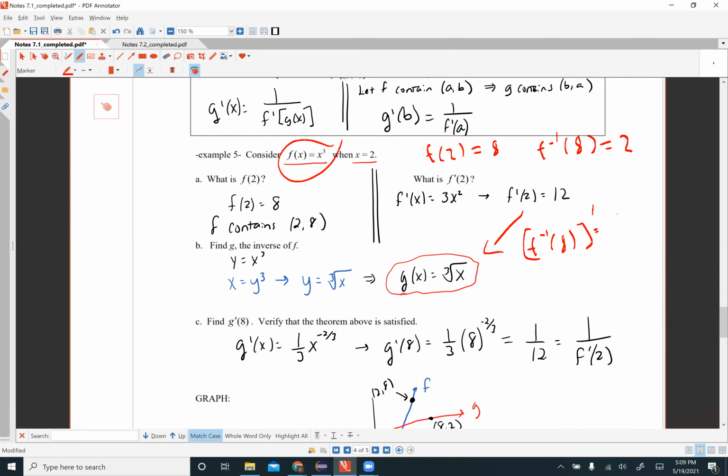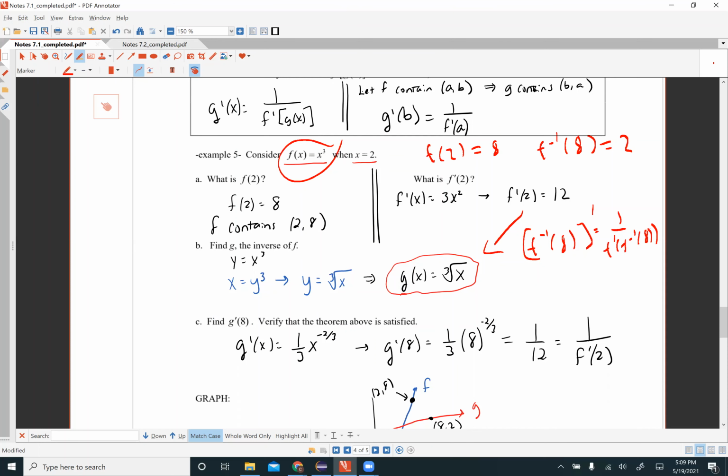So it's 1 over f prime of g of 8, where g is actually f inverse. So it's 1 over f prime of f inverse of 8.